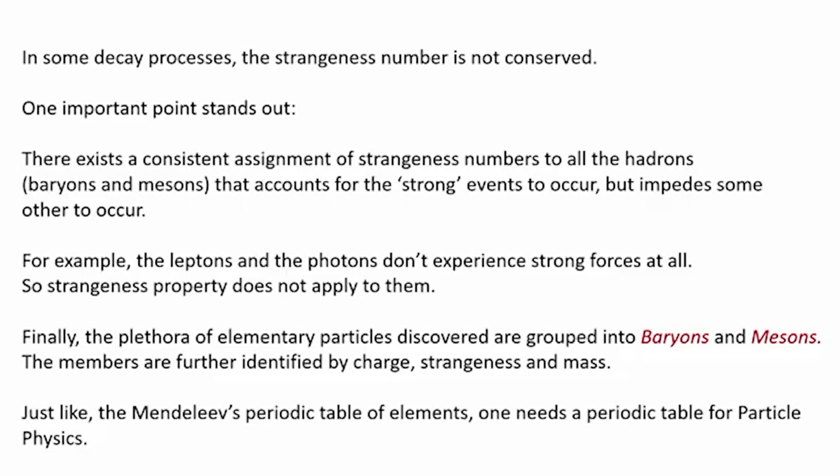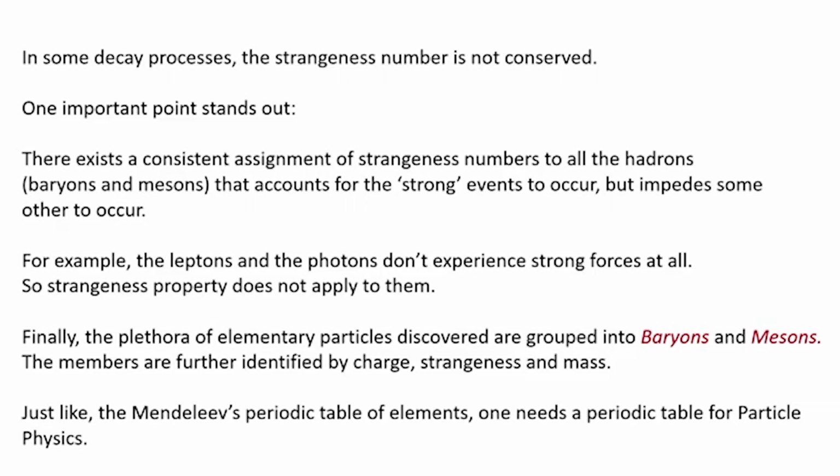So, we close this brief, story-like introduction by saying that there is a plethora of elementary particles that have been discovered constantly from the late 1900s and the early 20th century onwards. They are grouped into baryons and mesons, and the members are further identified by charge, strangeness and mass.